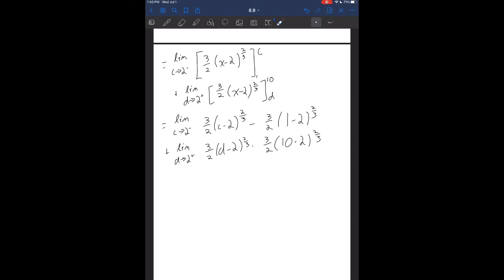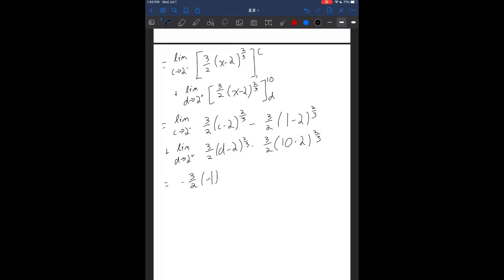If instead I had something like 1 over (c minus 2), this might approach either positive or negative infinity because I am dividing by 0. But in this case, it's just multiplication and taking powers of something getting close to 0. So that means the entire function itself is going to get close to 0. And similarly with this limit as d goes to 2 from the right. So the two parts with the limit are going to be 0.